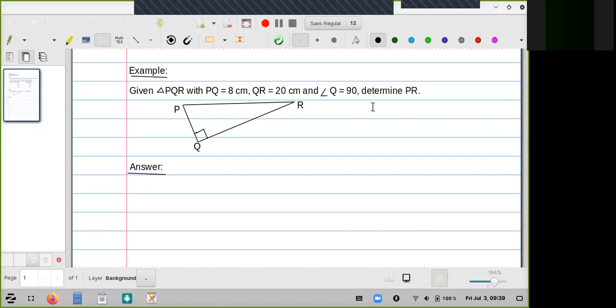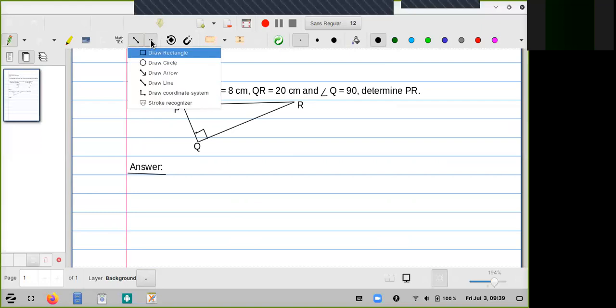So, in the example that is given here, it says given triangle PQR with PQ equal to 8 centimeters, QR equal to 20 centimeters, and angle Q is equal to 90 degrees. All right? Determine PR.